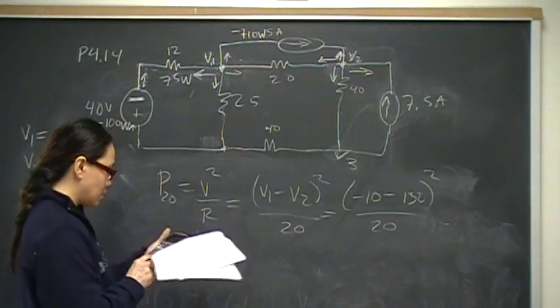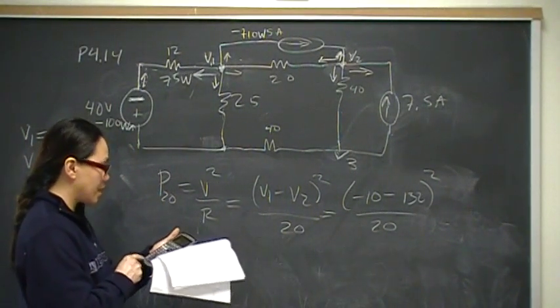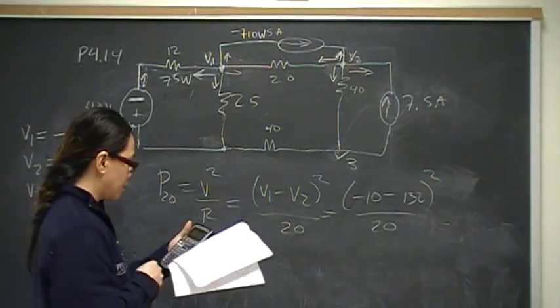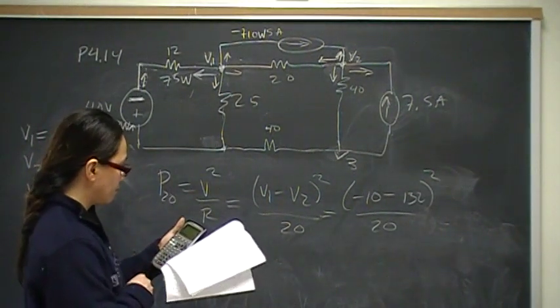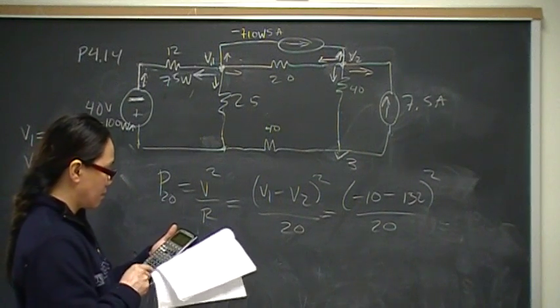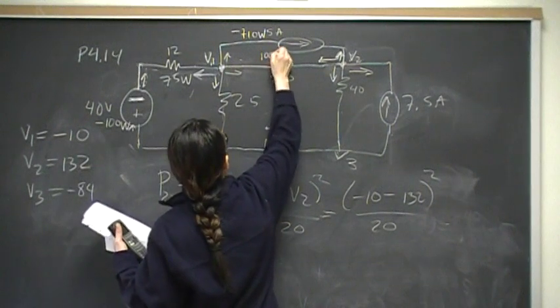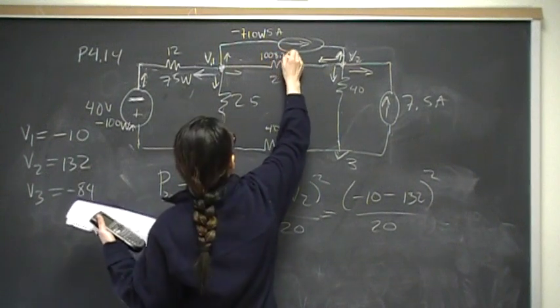So 10, 132 squared divided by 20. So this is going to be 1008.2 watts.